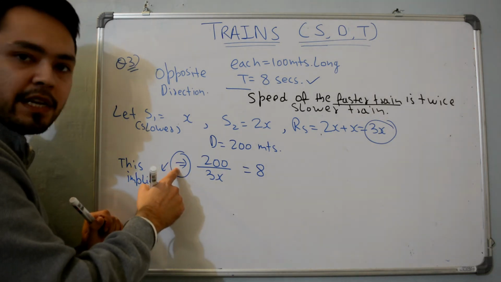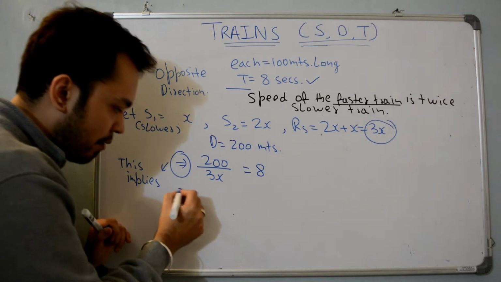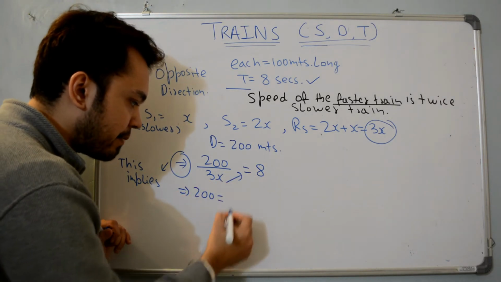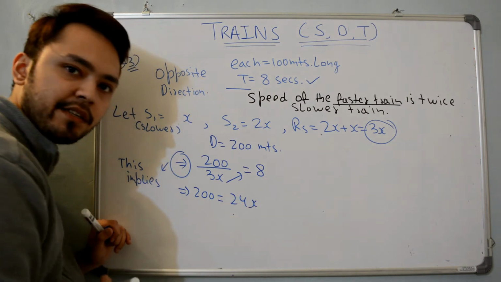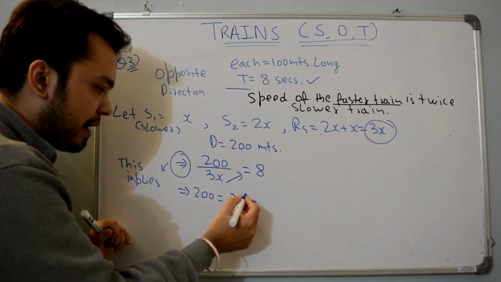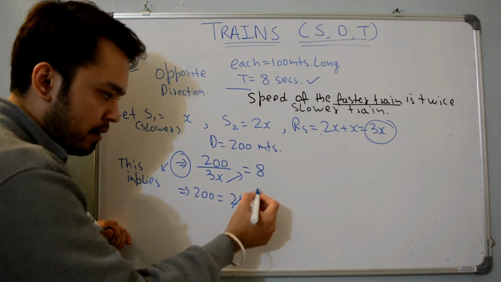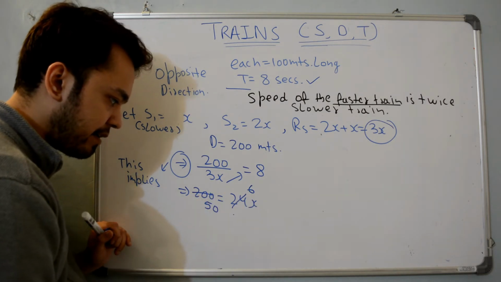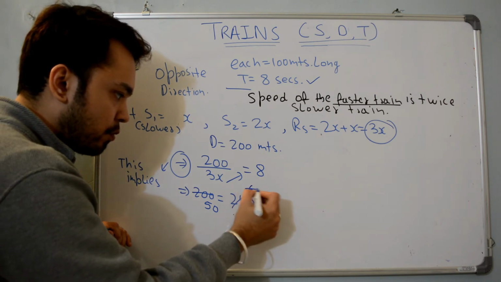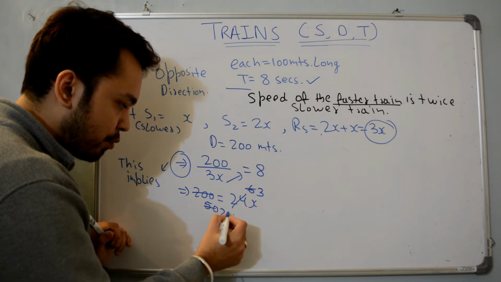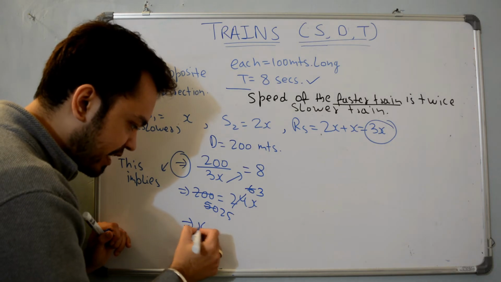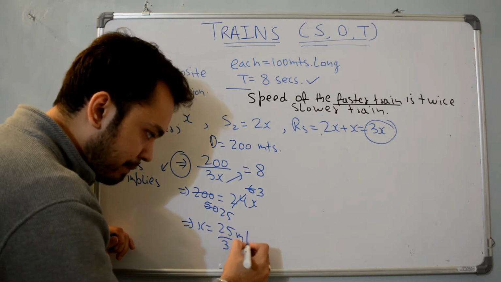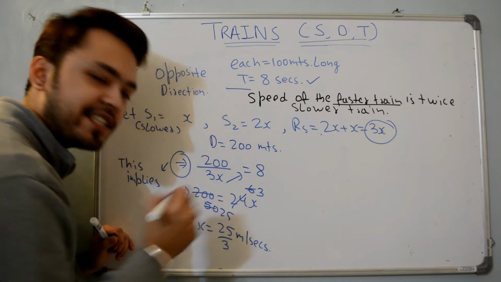Don't confuse it with an equal to sign. Now 200 is equal to, cross multiply, 24x. Now we'll cut it by 4. So 4 sixes are 24, 4 fifties are 200. Now 2 threes are 6, 2 twenty-fives are 50. So x comes out to be 25 by 3 meters per second.